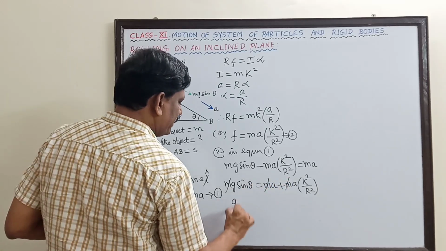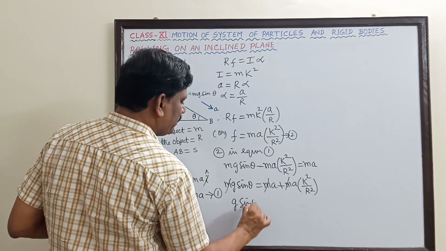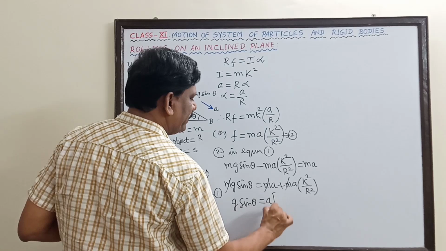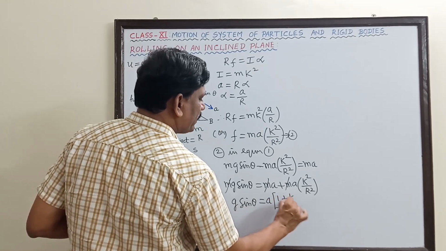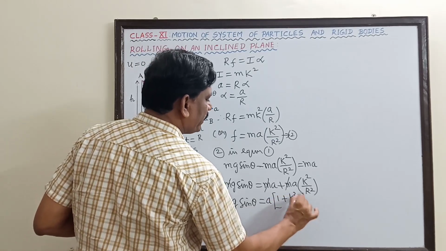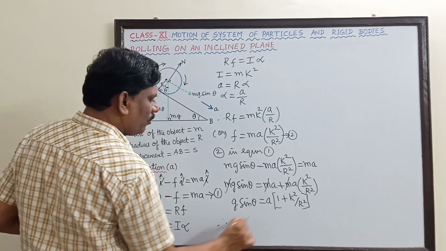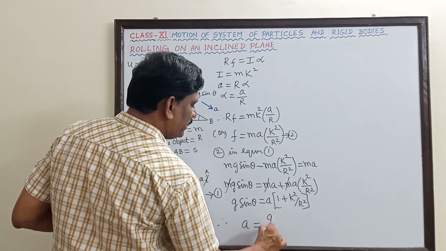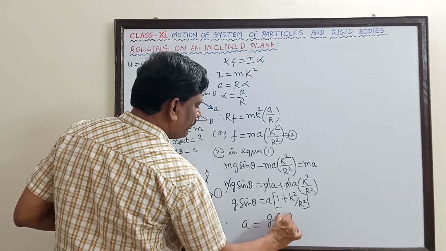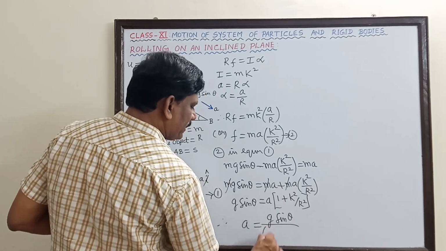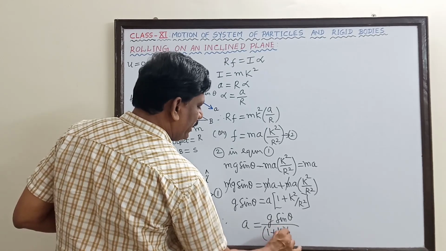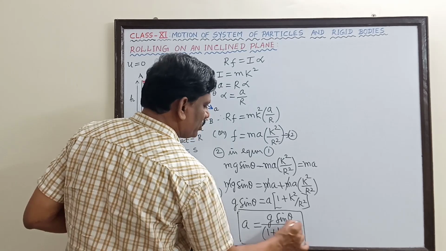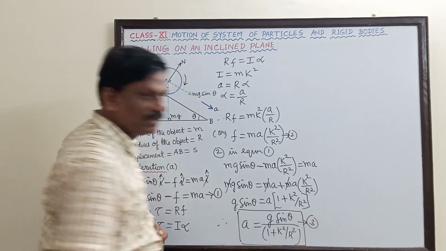So g sin theta is equal to, taking a as a common factor, a into 1 plus k square by r square. Therefore, what is acceleration? A is now equal to g sin theta divided by 1 plus k square by r square. So this is the required equation number 3.